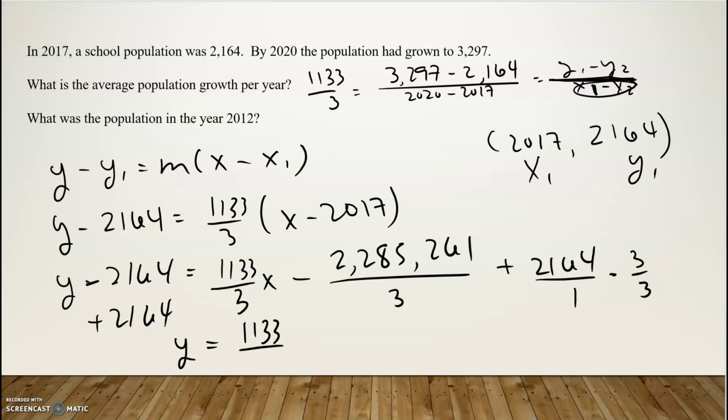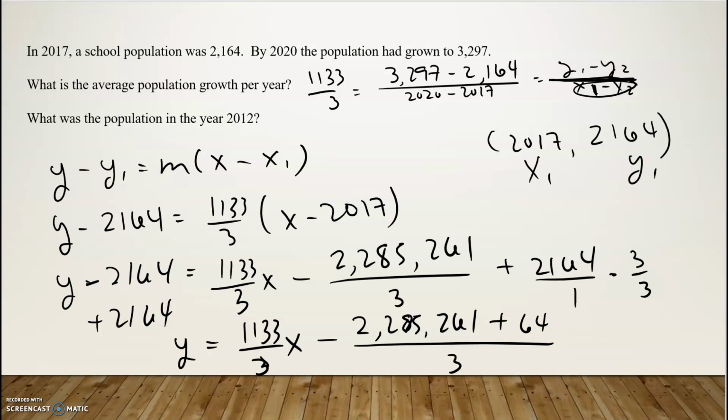So y is equal to our slope minus, okay, this will be 2,285,261 plus, this will be all over 3. Okay, so 2,164 times 3, 6,492. Go over here.